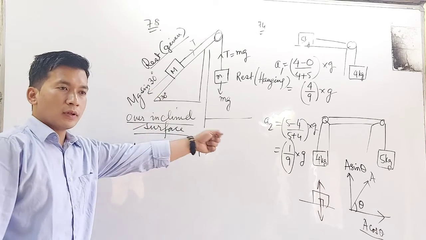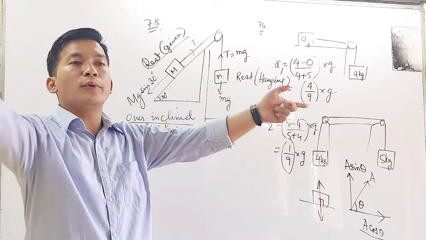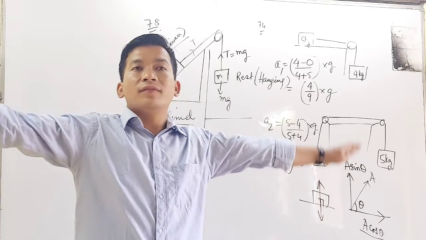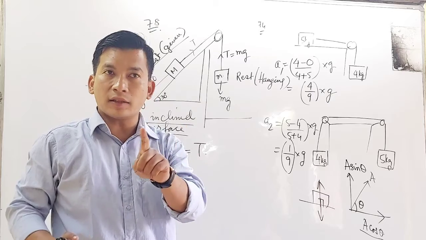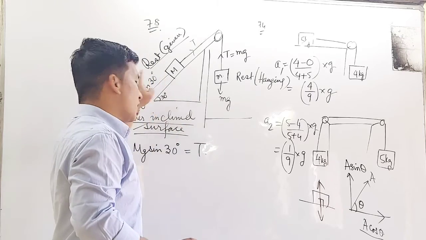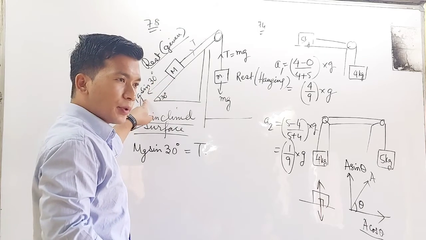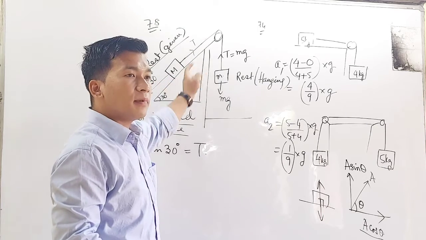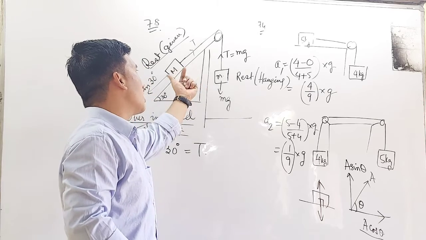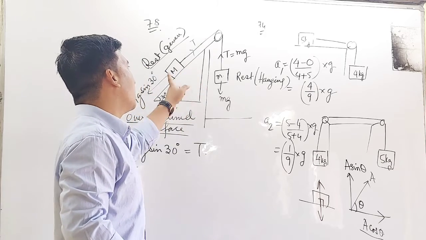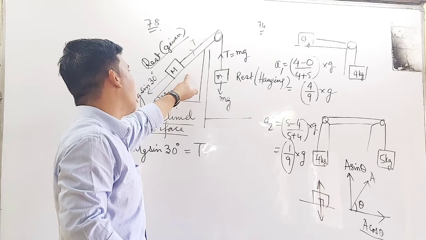Either side must have the same strength. Here mg sin theta is the weight component, and the tension T developed in the string must cancel one another so that it neither moves upward nor moves down.